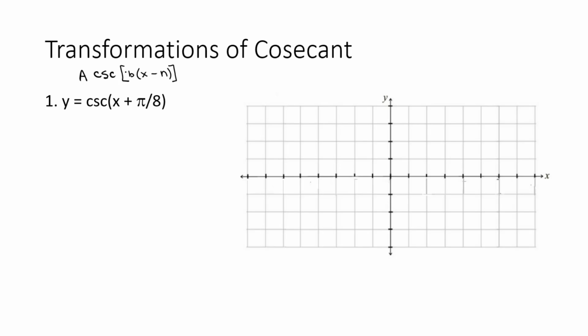In this case, my B value is 1, so that means my period is going to stay at 2 pi. The pi eighths here is that N value, and so that's my phase shift. Because it is a plus and not a minus, it will be to the left.